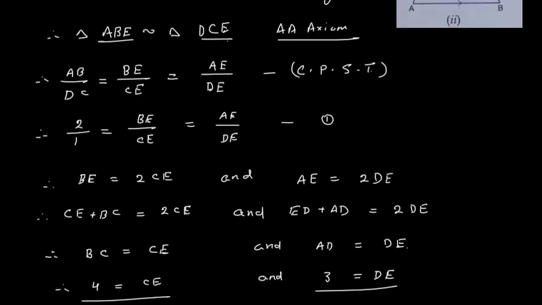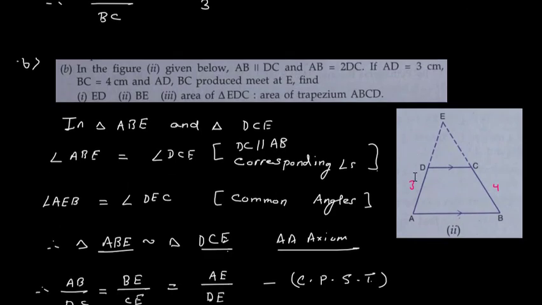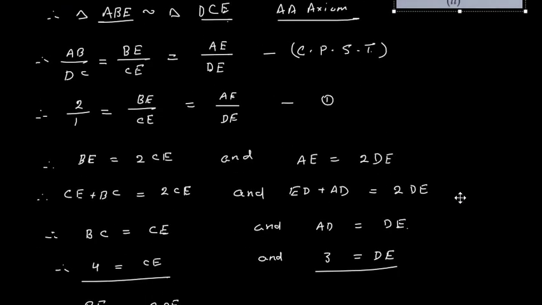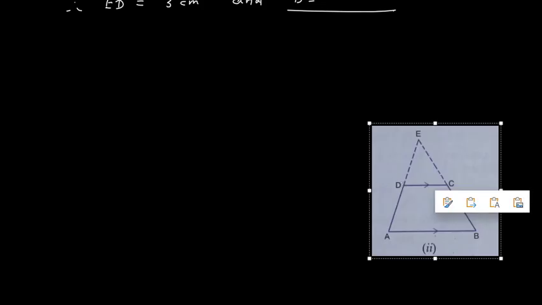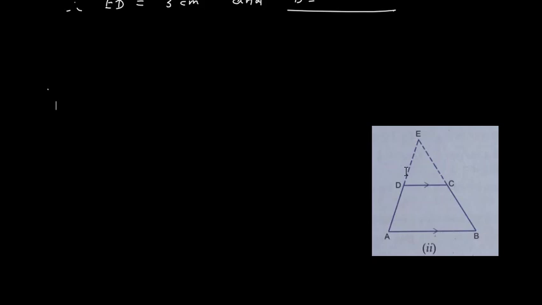Now next, area of triangle EDC. So this triangle I will just bring down. Here we have to find the area of triangle EDC. For that let us first find the ratio of area of triangle EDC and EAB, because their corresponding sides we know.